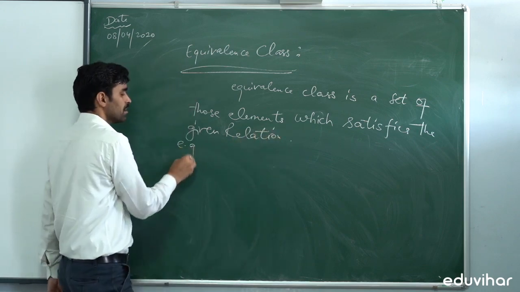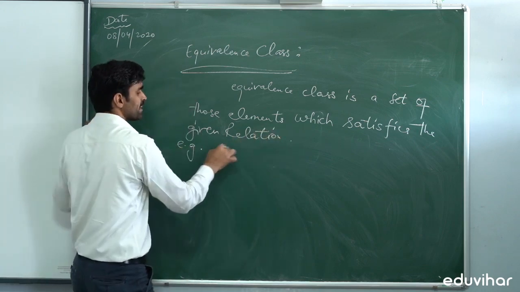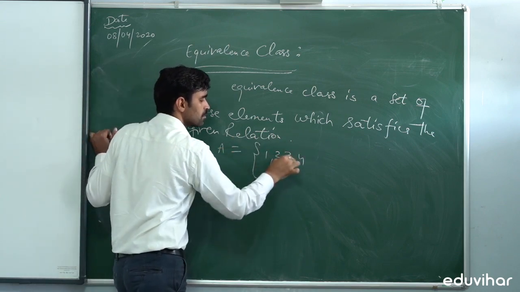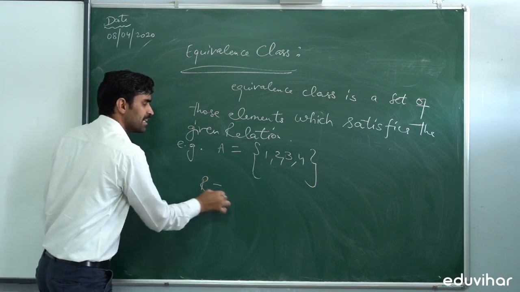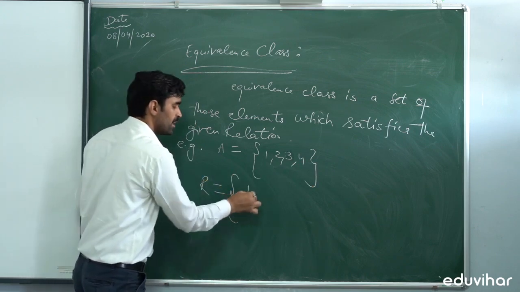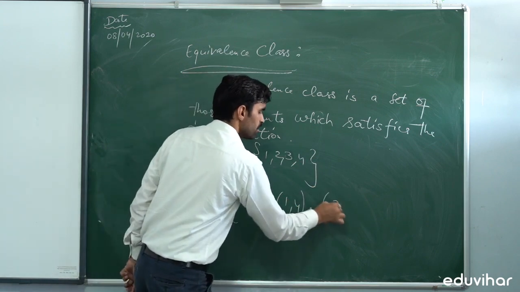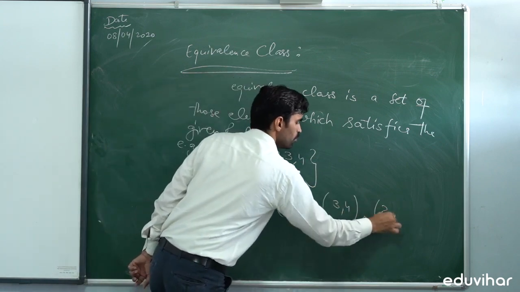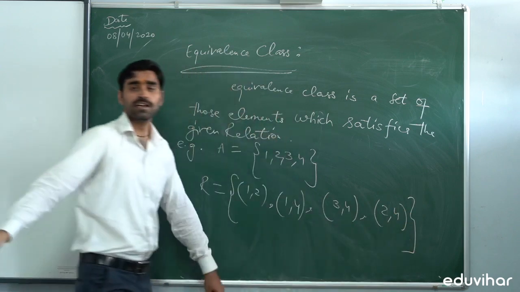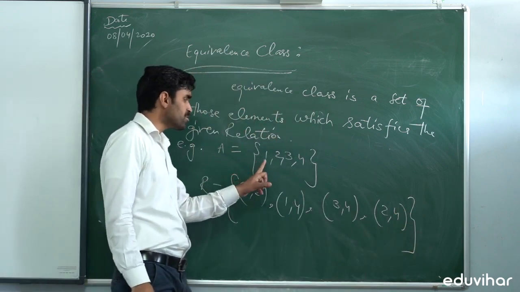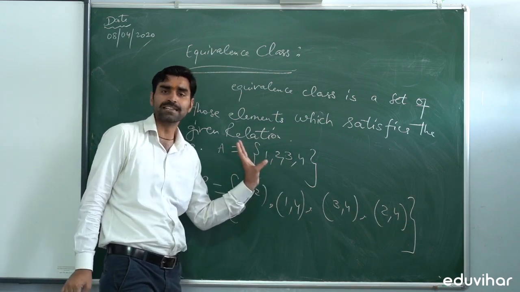For example, if we have a set A having the elements 1, 2, 3, 4 and we have the relation as (1,2), (1,4), (3,4), (2,4), and we have to find out the equivalence class of each of the elements of the given set.